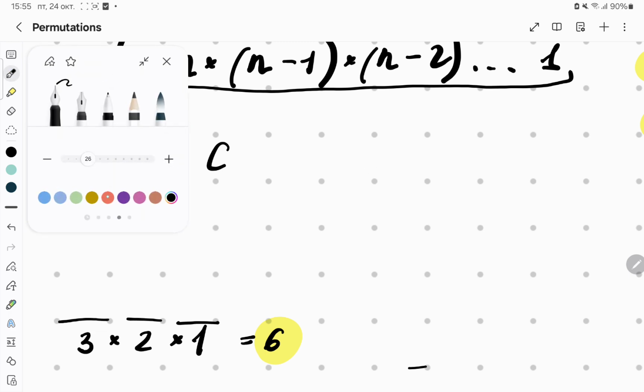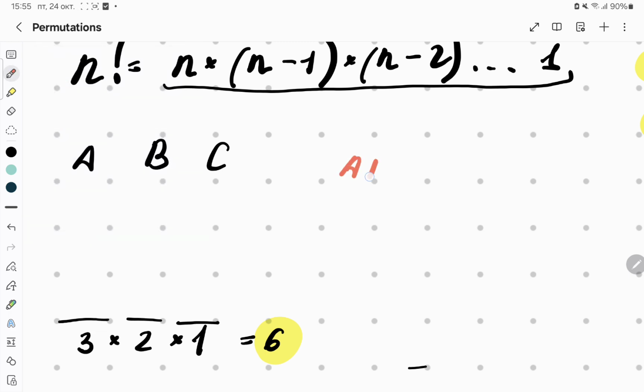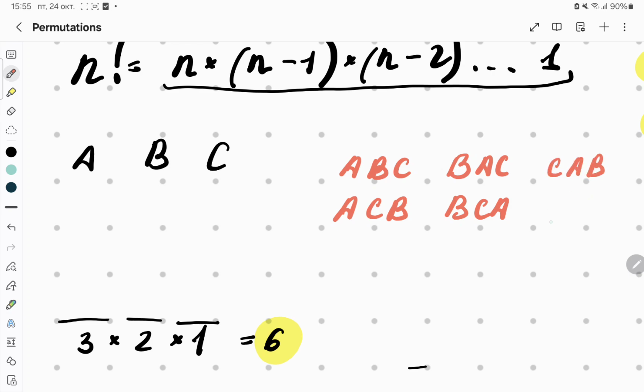The first word that could be constructed is simply A, B, C. Then A, C, B. After that, words starting with B: B-A-C, and B-C-A, right? Then C-A-B and C-B-A. So there is nothing else, only 6 different words could be constructed.